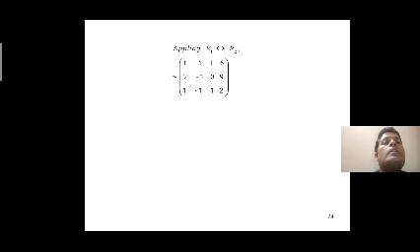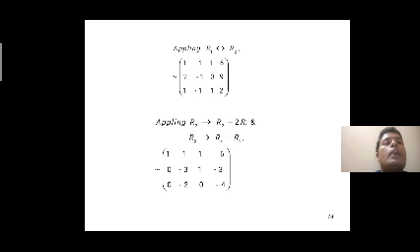You write R1 interchange R2, we get 1 1 1 6, 2 minus 1 3 9, 1 minus 1 1 2. Applying R2 gives R2 minus 2R1 and R3 gives R3 minus R1, equivalent to 1 1 1 6, 0 minus 3 1 minus 3, 0 minus 2 0 minus 4.